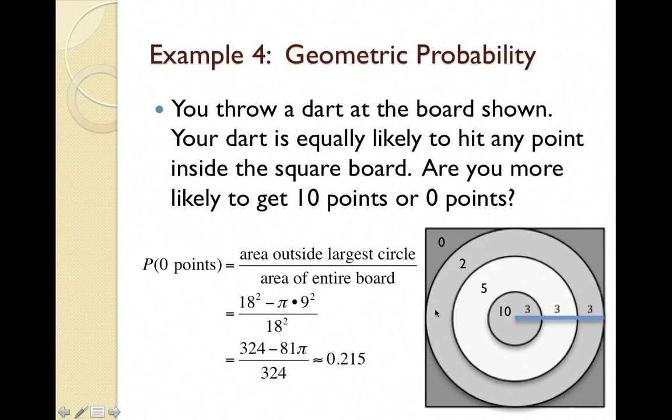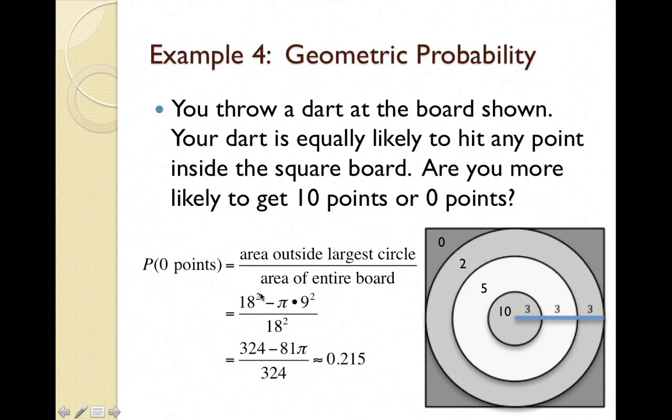So not a particular circle in and of itself, but the area outside of this largest circle. And again, comparing that to the area of the whole board. So in order to find the area of those corners, I need to set it up this time so that I take the area of the board minus the area of the large circle. That's going to represent the area that is left for these corners.